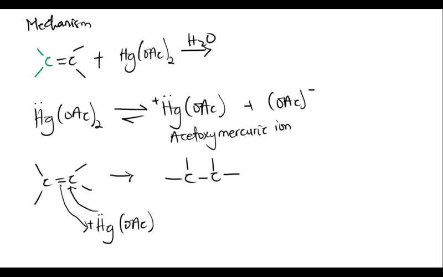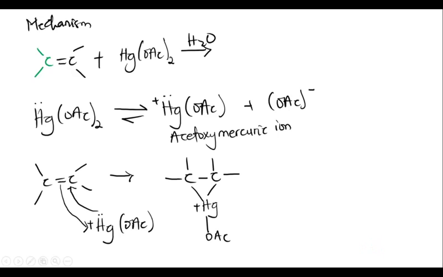Now the bond attached to the mercury is this bond, and then the lone pair over here attaching to this carbon is this bond. So we have the mercury attached to it, and then the OAc group attached to it, and then the mercury now has a positive charge on it. Okay, so this intermediate is what we are calling the mercurium intermediate.